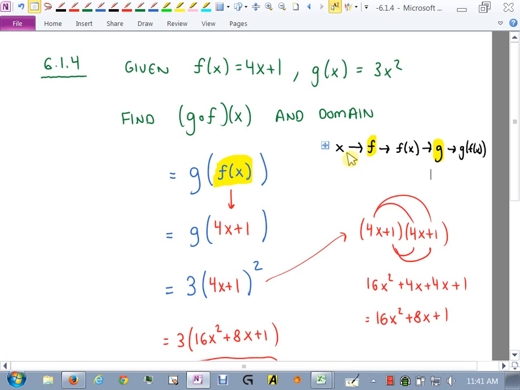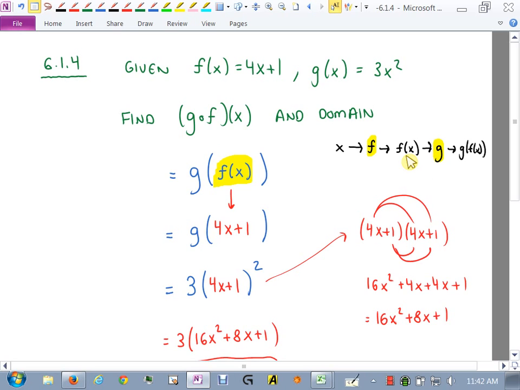Was there any restriction on the x getting plugged into f? No, going back up to f, that's a line, domain is everything. So who cares what comes out of it, right? Well, we have to look at g now. Does g care what comes out? G can handle anything, can't it? So it could care less what comes out. Yes? We're going to do it. That's our next example.